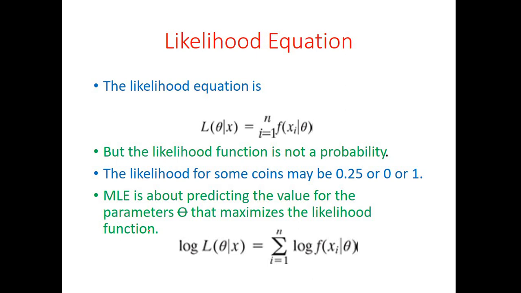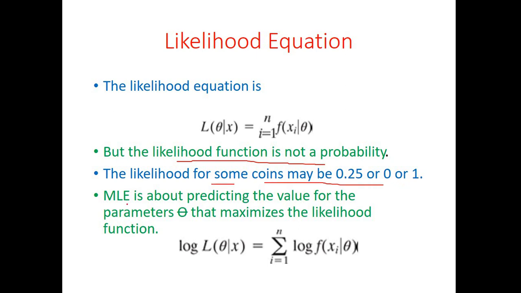Now we will calculate the likelihood equation. The likelihood equation is represented as L of the parameter theta given x, which is equal to the product for i equal to 1 to n of f of xi given theta. But the likelihood function is not a probability, it will take some value like 0.25 or 0 or 1.